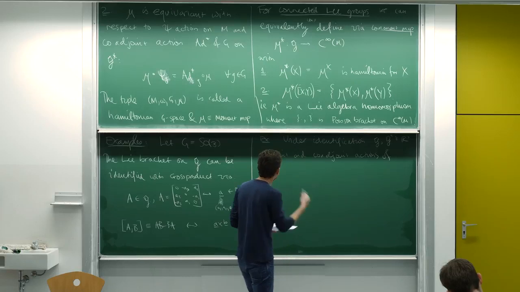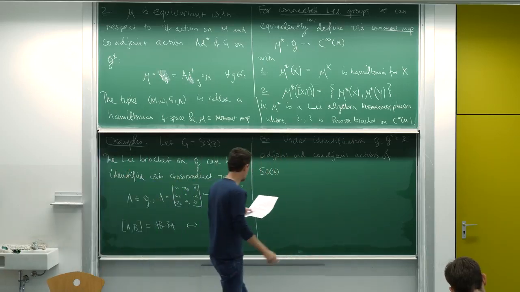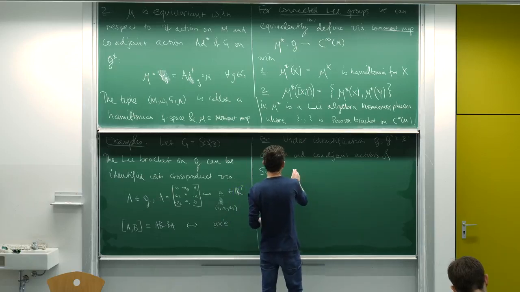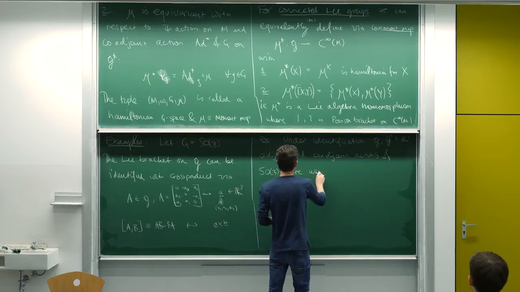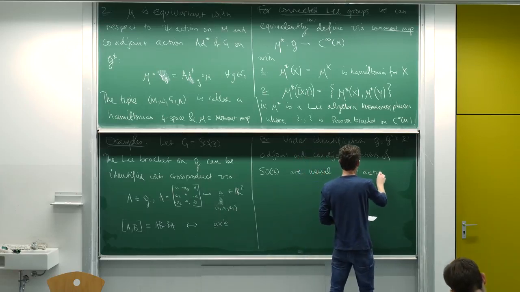Then you can find out that the adjoint and co-adjoint actions on the Lie algebra are actually none other than the usual SO3 action on R3.